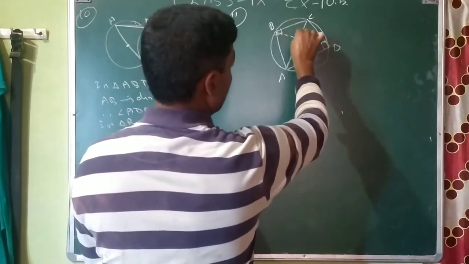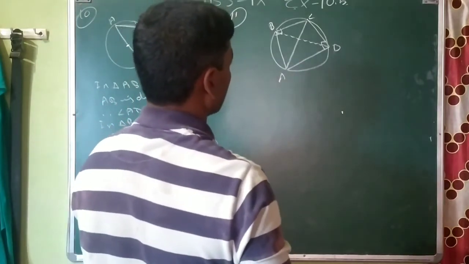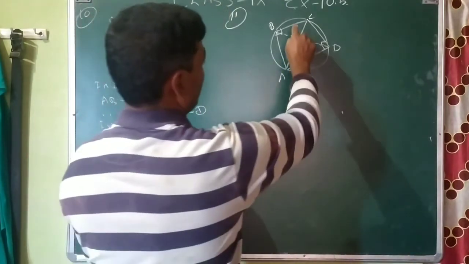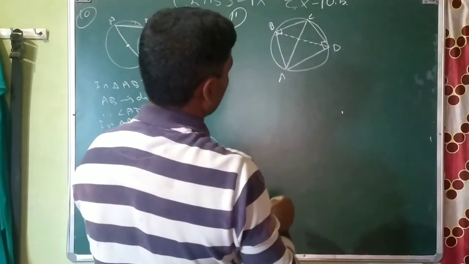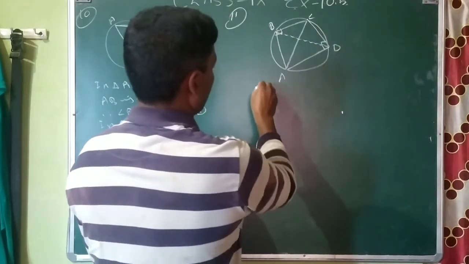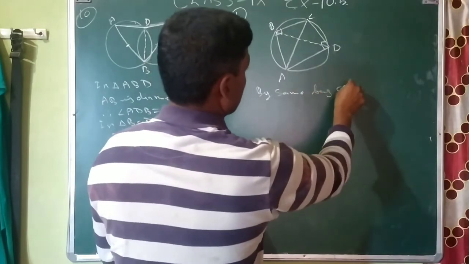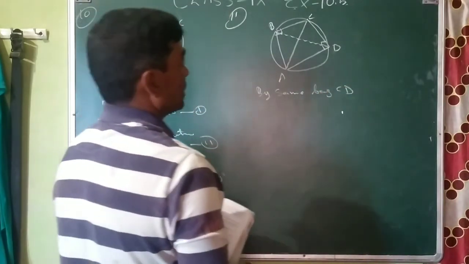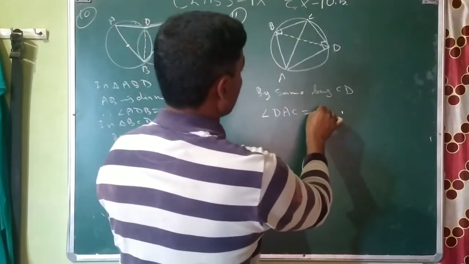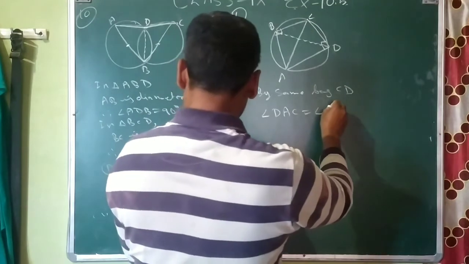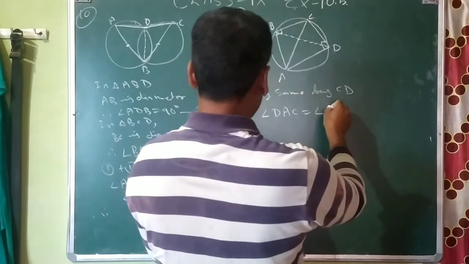So we will join that, and that also. By the same base CD, angle DAC is equal to angle CBD.